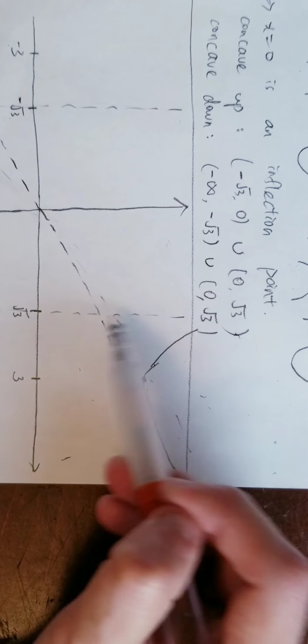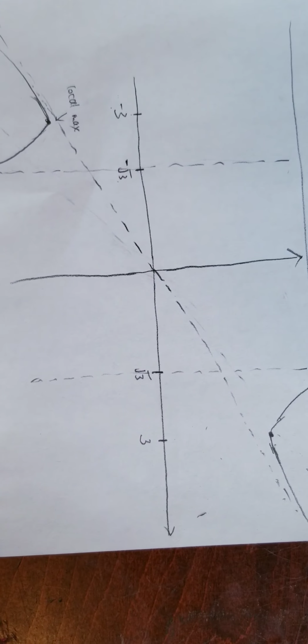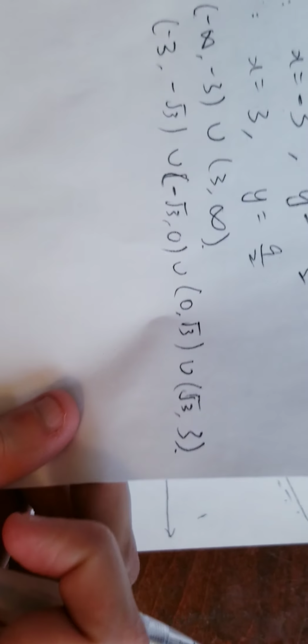What happens in the middle? We need to look at the increasing and decreasing intervals and also concave up and down. Between negative root 3 and 0, it should be decreasing, right?